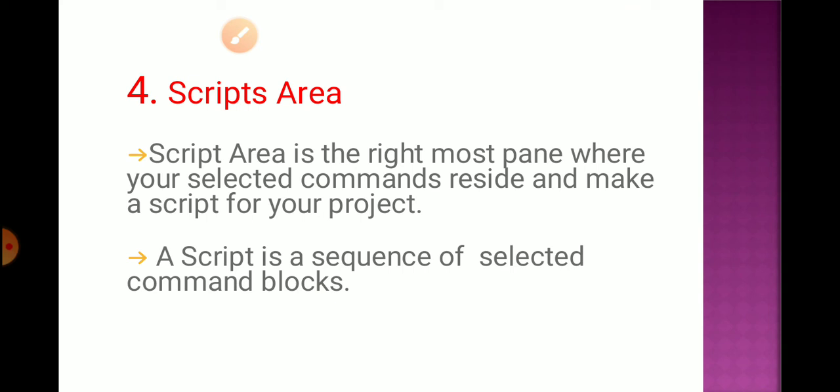Remember children that every script must begin with a head block. If it begins with a head block, then you can run it. Otherwise, the script will not be run. So here the scripts are the commands which are placed on the script area.